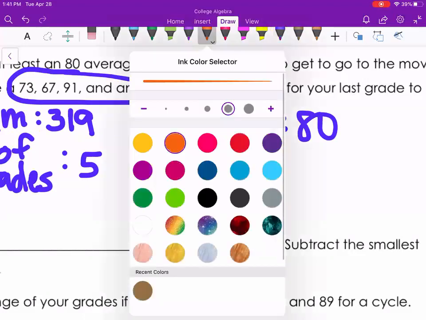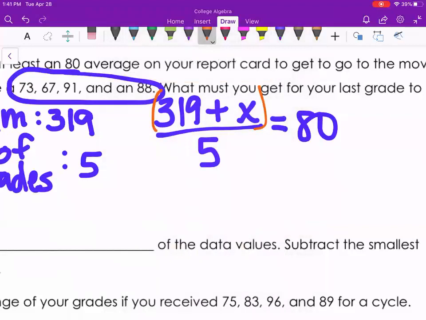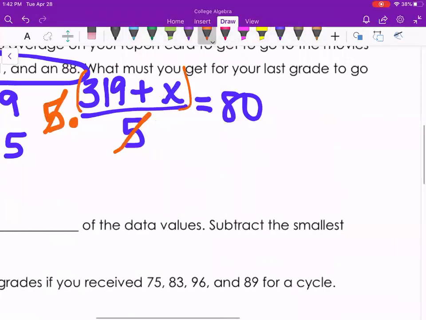I'm going to have to undo that divide by 5 first. And the only way to undo a divide by 5 is to do the opposite, a multiply by 5. So that way I eliminate it on the left. Now, we're not done. If I multiply the left side by 5, I have to do the same to the right.